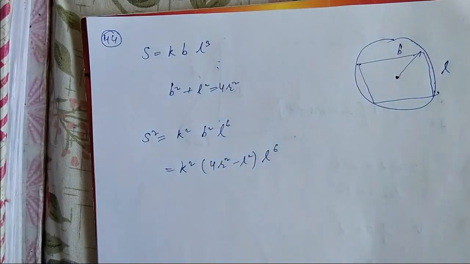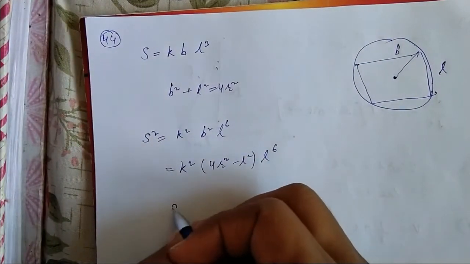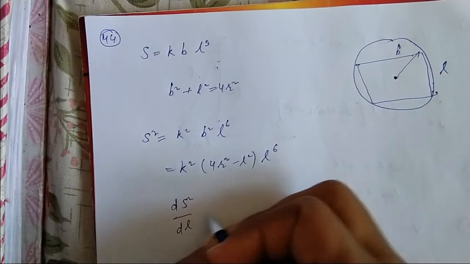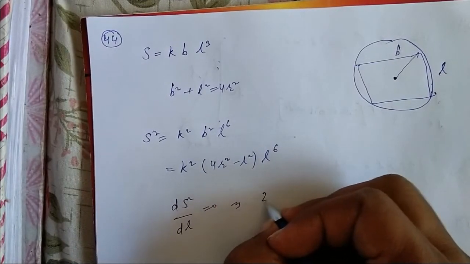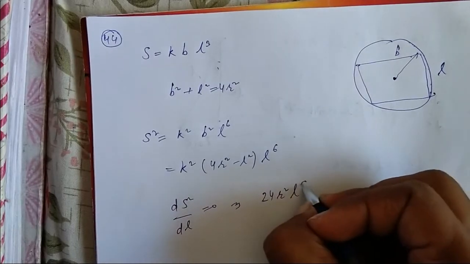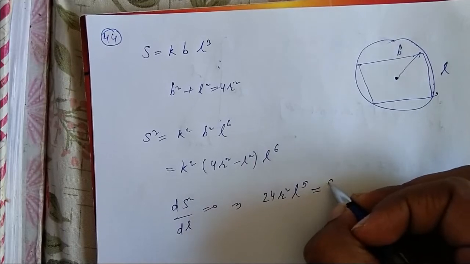Differentiate with respect to L, we'd get dS² by dL is equal to 0. This implies 24r² L⁵ is equal to 8 L⁷.